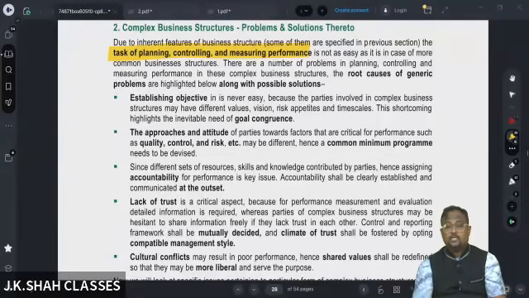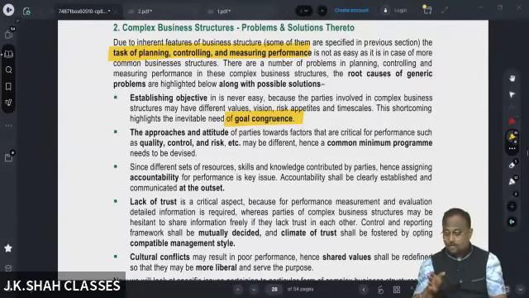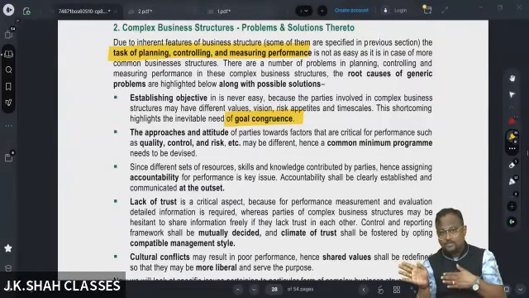Establishing objective. Now see, if you are a complex organization, you will face the problem of goal congruence. Goal congruence means you as a manager and your company both have the same goal. So you both work in the same manner.